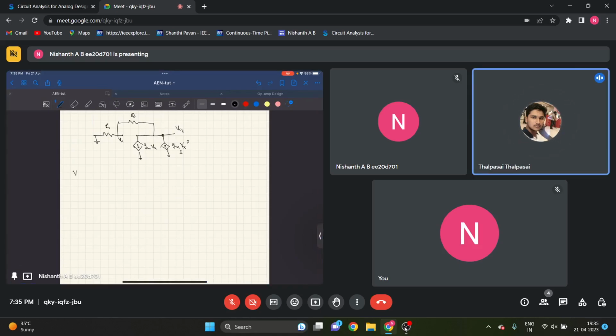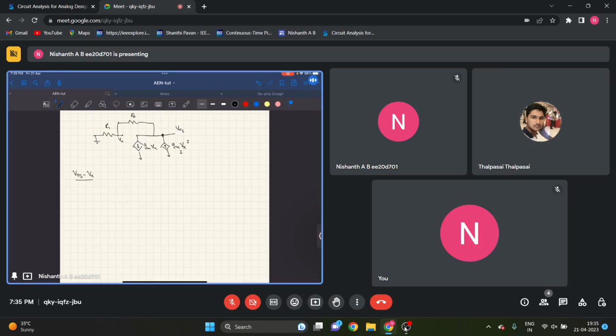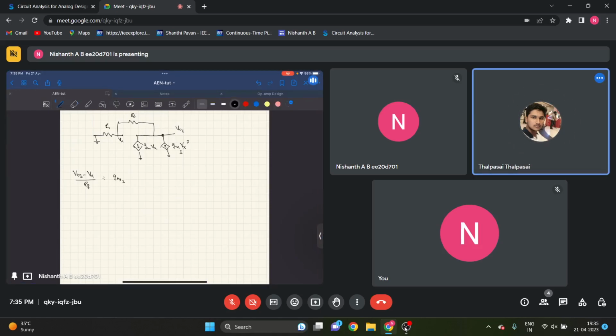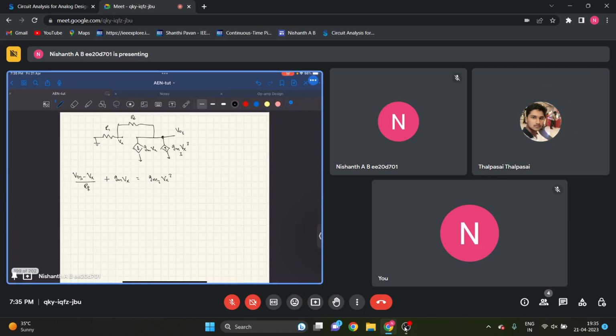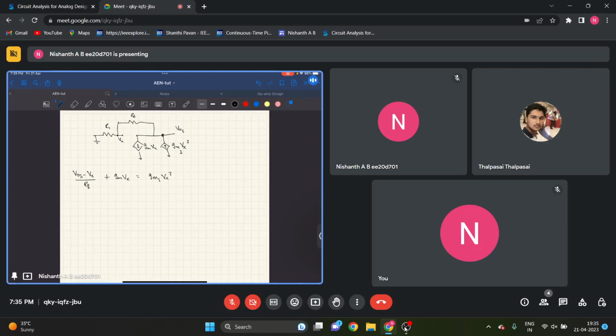Vo3 minus Vx by Rf equal to Gm3 Vx plus Gm Vx, equal to Gm3 Vx cube. Correct? Yes, sir.